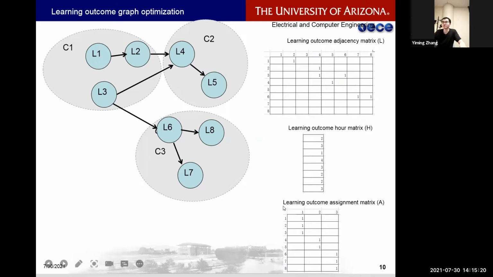The rows here mean the learning outcomes, and the columns here mean the courses. For example, in the corner of this matrix, we have a 1 here. It means we assign the first learning outcome to the first course, and the second 1 here means we assign the second learning outcome to the first course, like here, you see. And in the optimization, we treat the first 2 matrices as input and the third matrix as output.